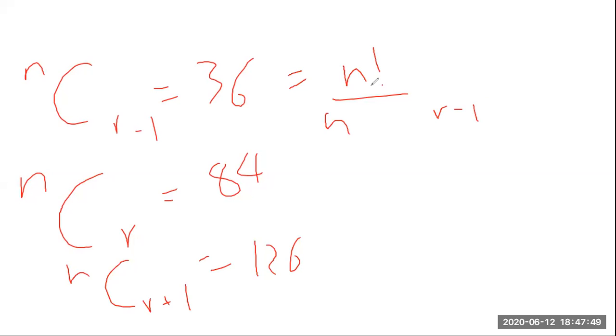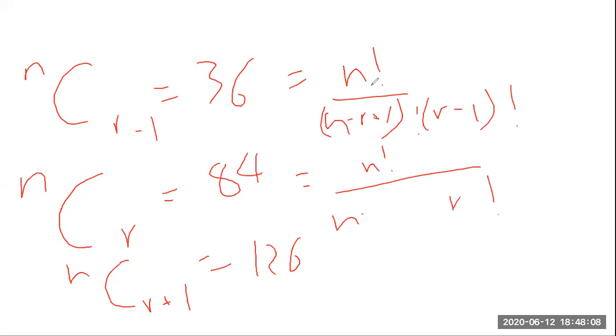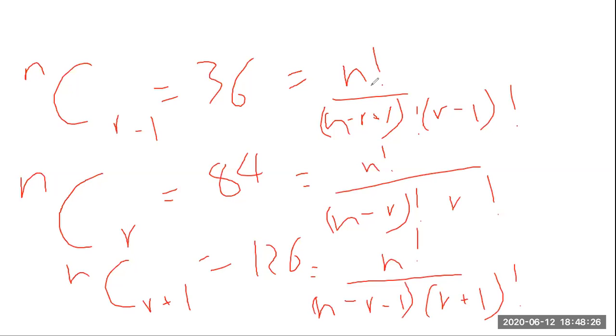On this side we have n factorial over (r minus 1) factorial times (n minus r plus 1) factorial, on this side we have n factorial over r factorial times (n minus r) factorial, and on this side n factorial over (r plus 1) factorial times (n minus r minus 1) factorial.